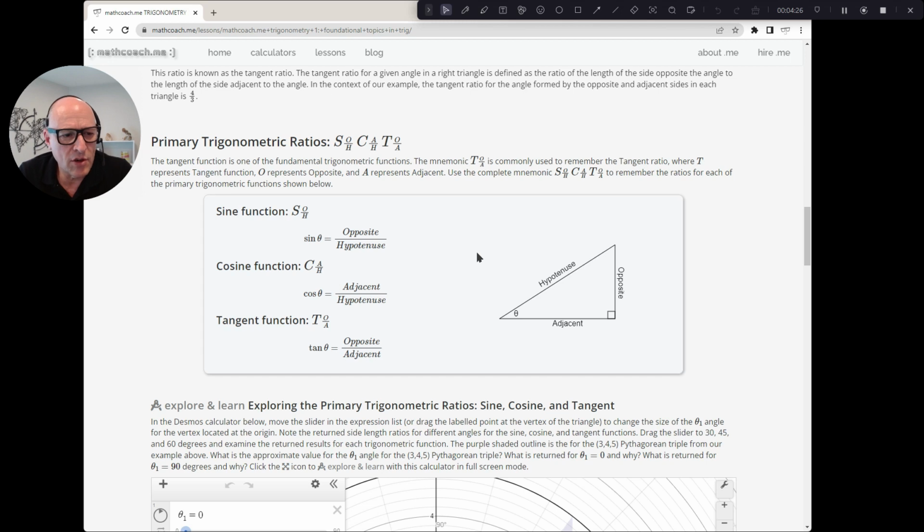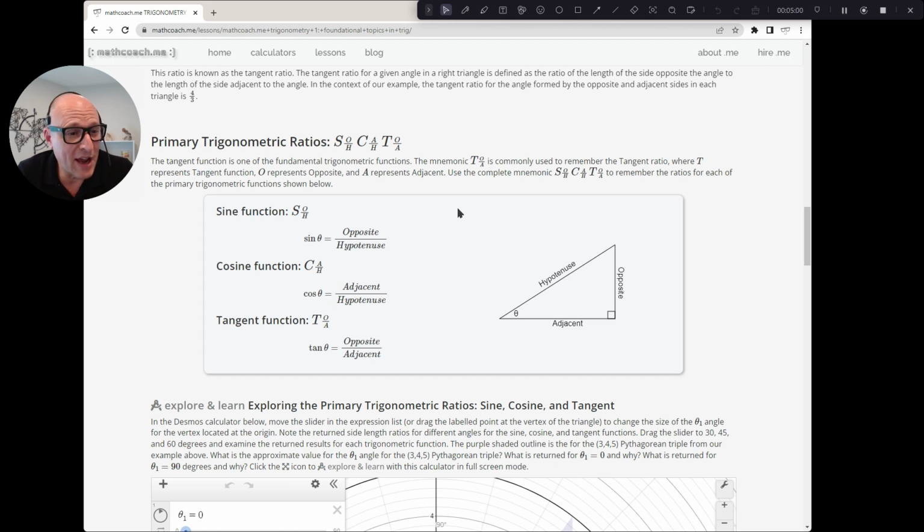SOHCAHTOA basically identifies the first letter of our primary trig ratios, S for sine, C for cosine, and T for tangent, and the ratios for each. So for sine, it is opposite over hypotenuse, and for cosine, the CAH is adjacent over hypotenuse, and for tangent, it is opposite over adjacent, and we have SOHCAHTOA.